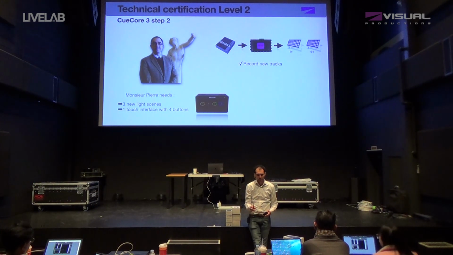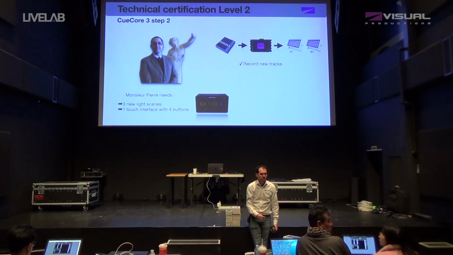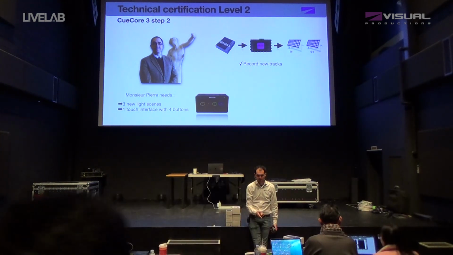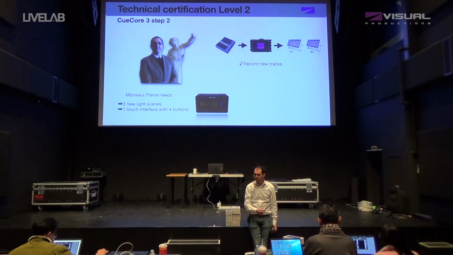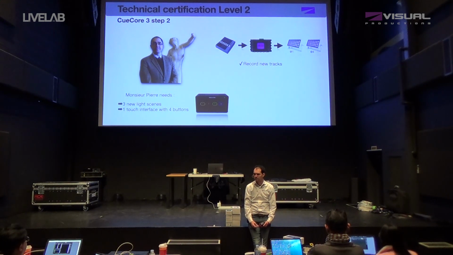So we need to find a way to have the programming that will allow Monsieur Pierre to press the button during the afternoon and select the show, and he will have to wait until 7, until the sun sets, for the show to actually start. So does anyone have an idea about how we can do that?